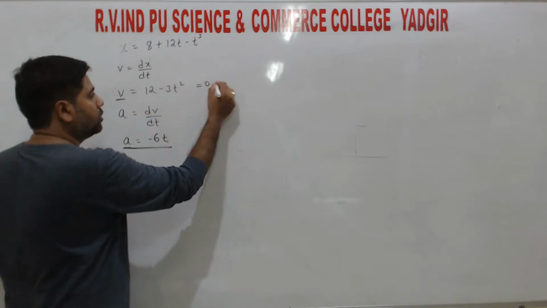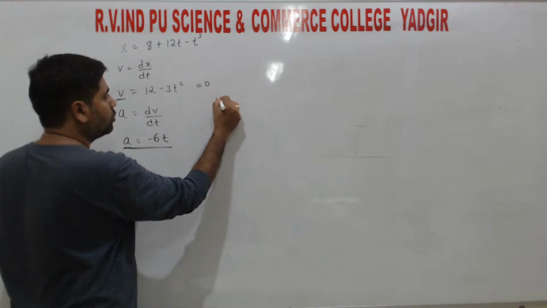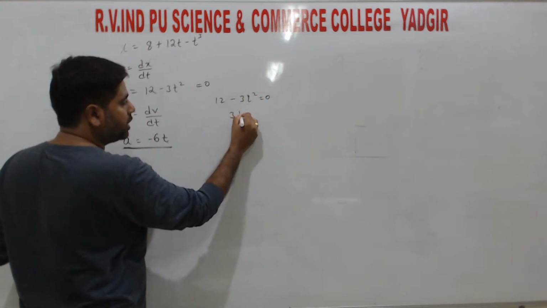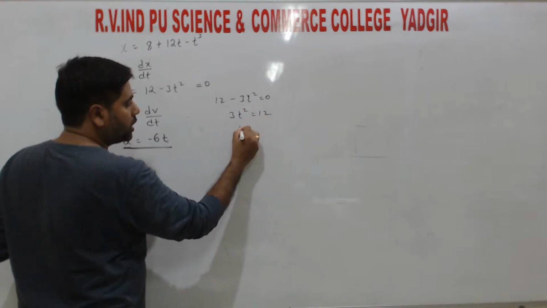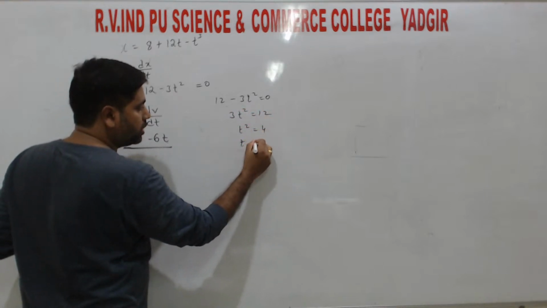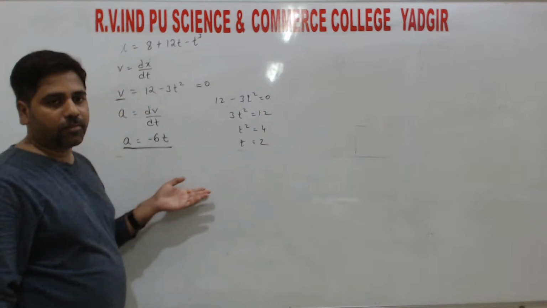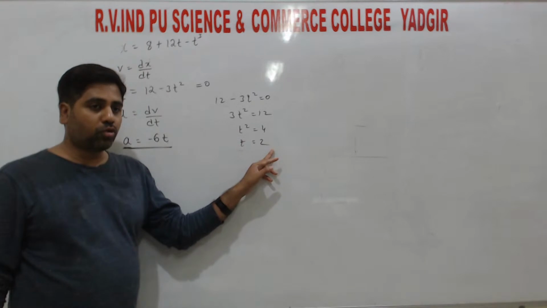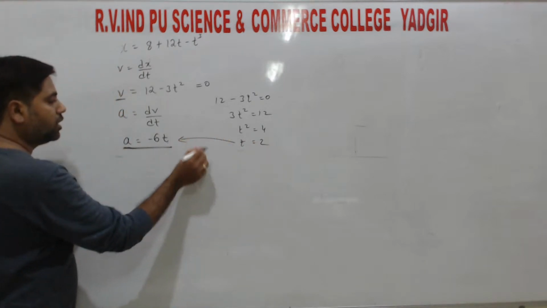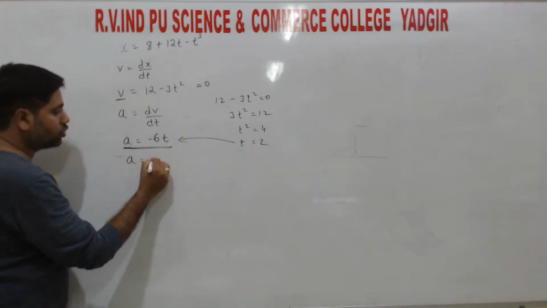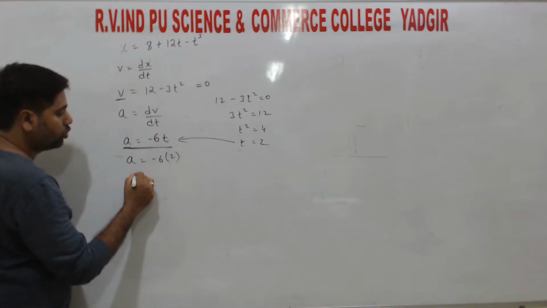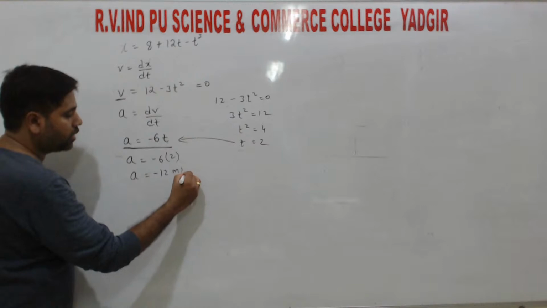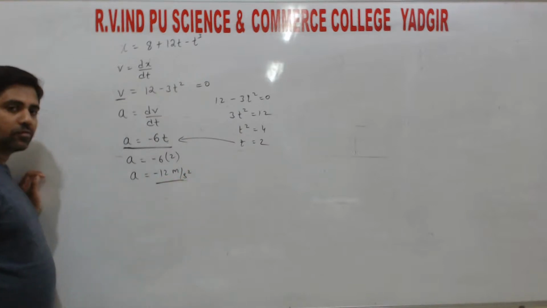So 12 minus 3t square equals 0. Then 3t square equals 12, t square equals 4, t equals plus or minus 2. Time is always positive, hence we take t equals 2. Substitute this t here. So a equals minus 6 into 2. So a equals minus 12 meter per second square, right?